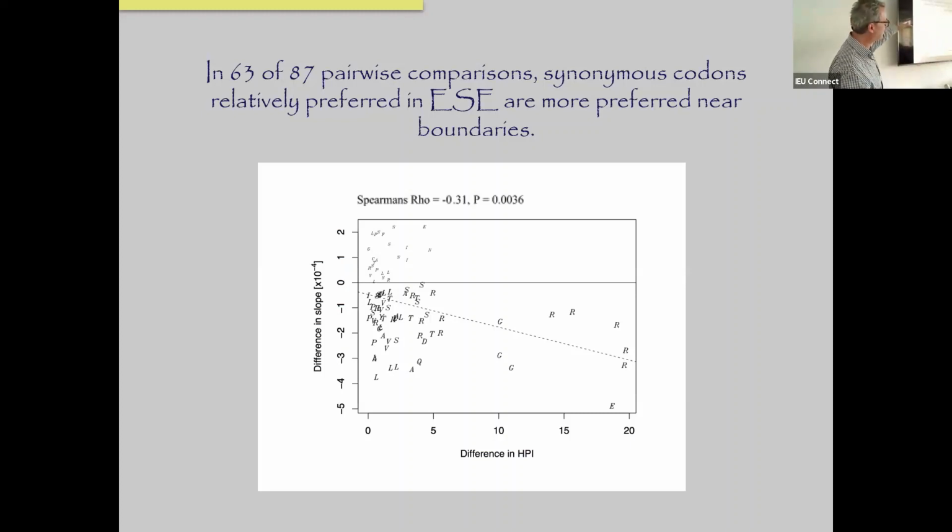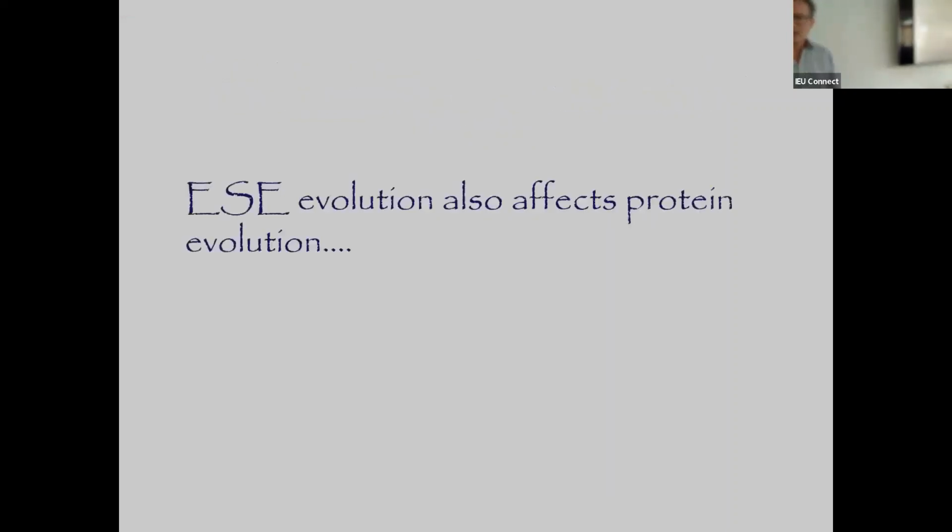So they should sit below the line 0. And indeed, they typically do sit below the line 0. There's a very interesting analysis to be done about the very few that do sit above the line. They look as though they're avoiding cryptic splice sites. So there's a second selection going on there. So that's what's going on at synonymous sites.